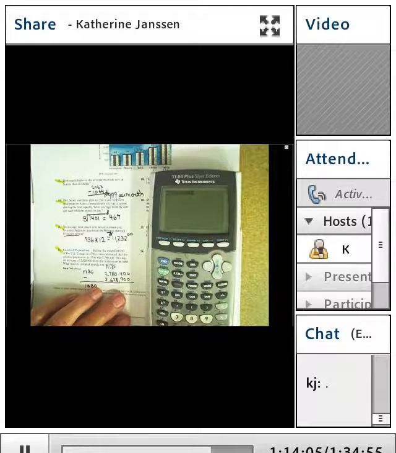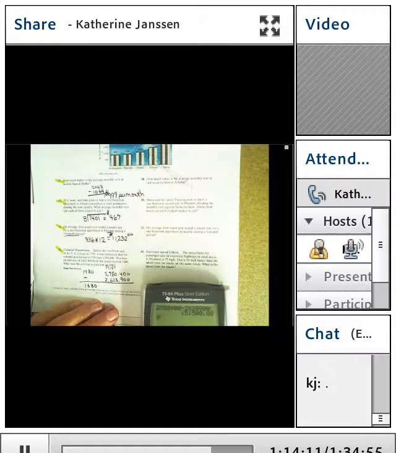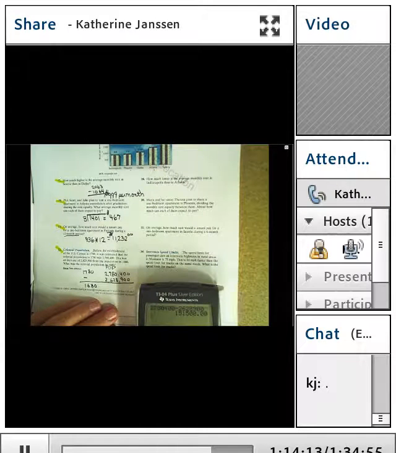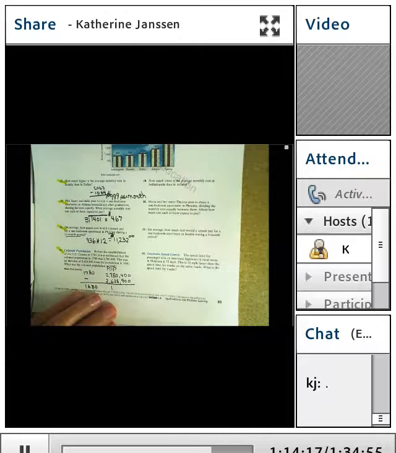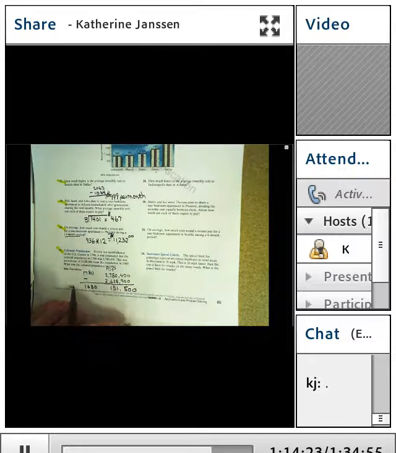2,780,400 minus 2,628,900, and we end up with 151,500, which was the population in 1680.